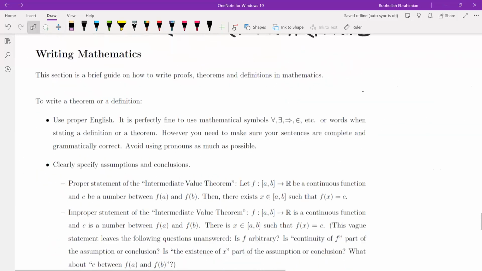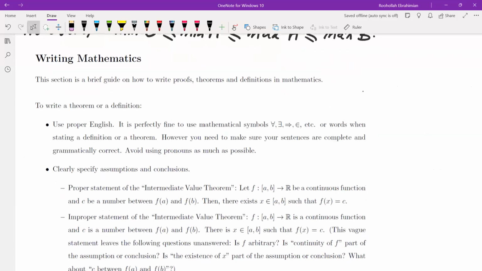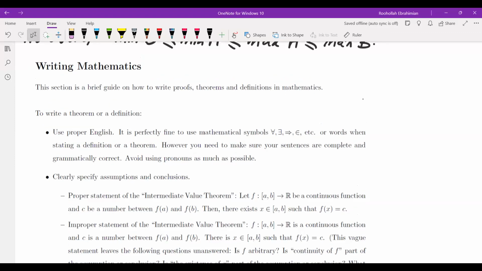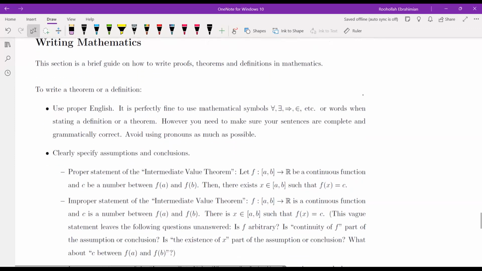Okay. The last thing I'm going to talk about today is about writing mathematics. Some of the things you want to watch for when you're writing down a proof. So here are a few things you want to keep in mind.